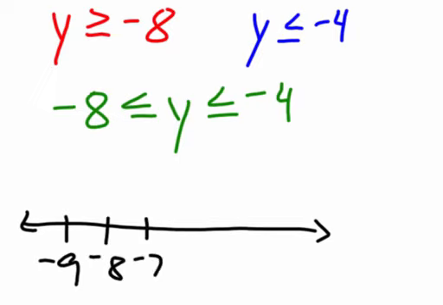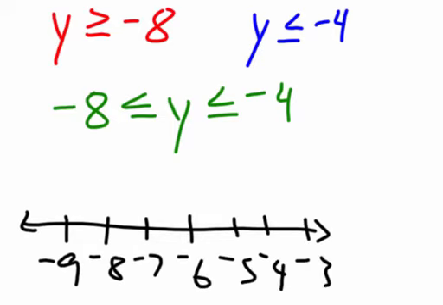Negative 9, negative 7, negative 6, negative 5, negative 4. Something like that. So it looks like we have a closed circle at negative 8 and a closed circle at negative 4, and it's all the numbers that are in between, right? So anything from negative 8 to negative 4, those would work in that inequality.